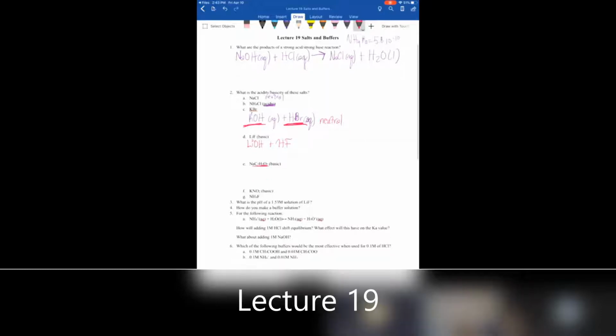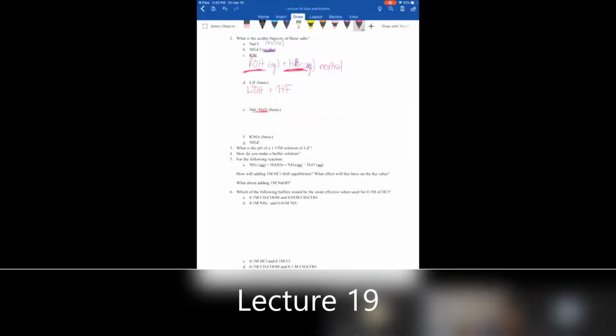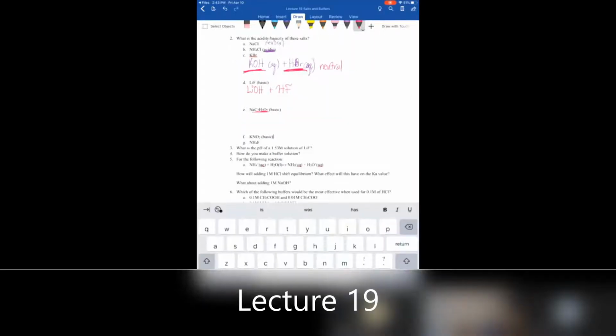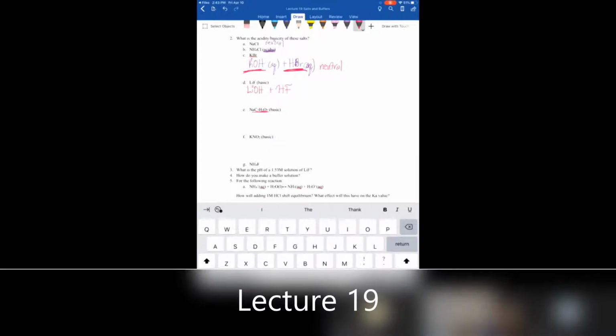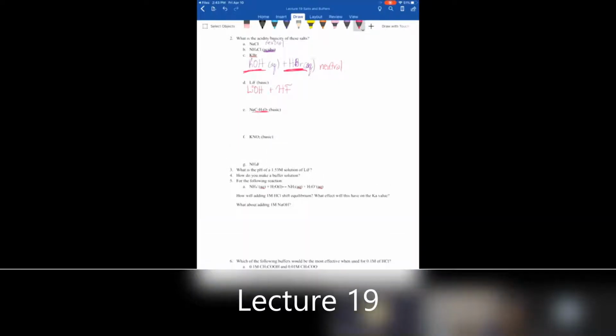What about KNO2? Oh, basic. But do you know why? Why is NO2 not strong? Isn't there a strong acid that looks very similar to HNO2? Well, HNO3 is strong, right? Yep.